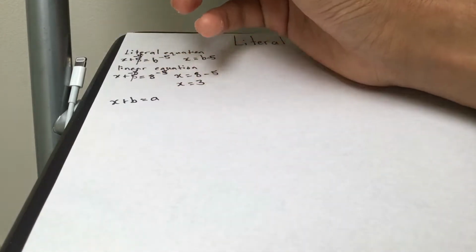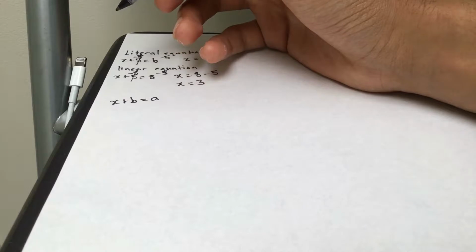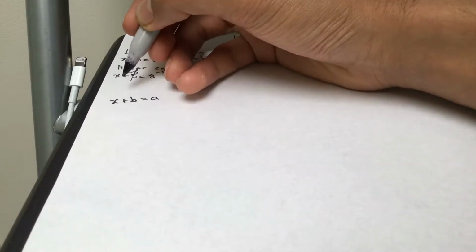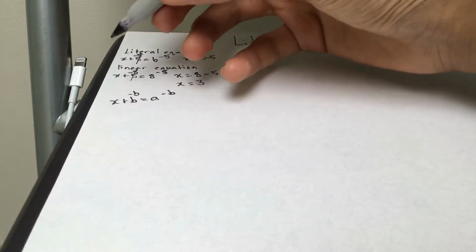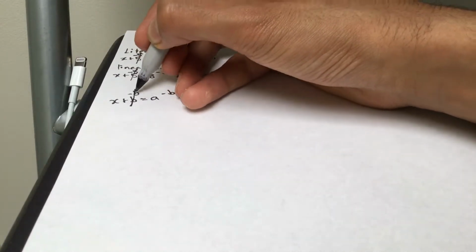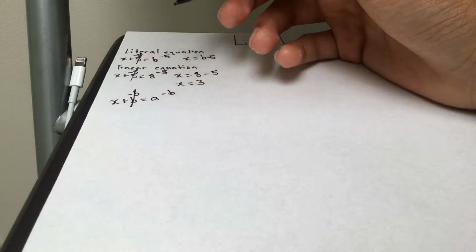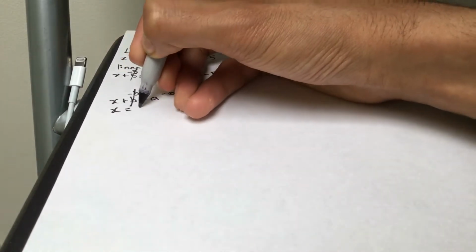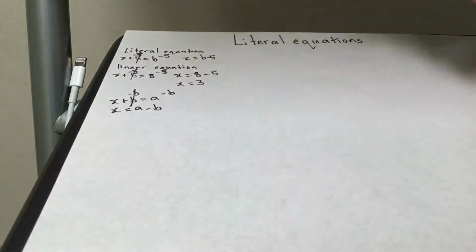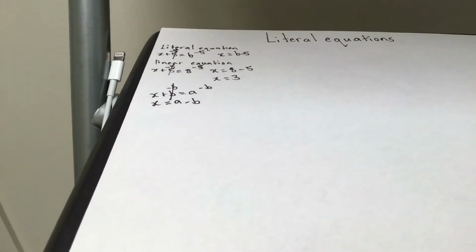In this case, we need to transpose b to the right-hand side. So we're going to go minus b to both sides. Now we cancel out b, because b minus b is 0. So we're left with x is equal to a minus b. That's how you solve a literal equation.